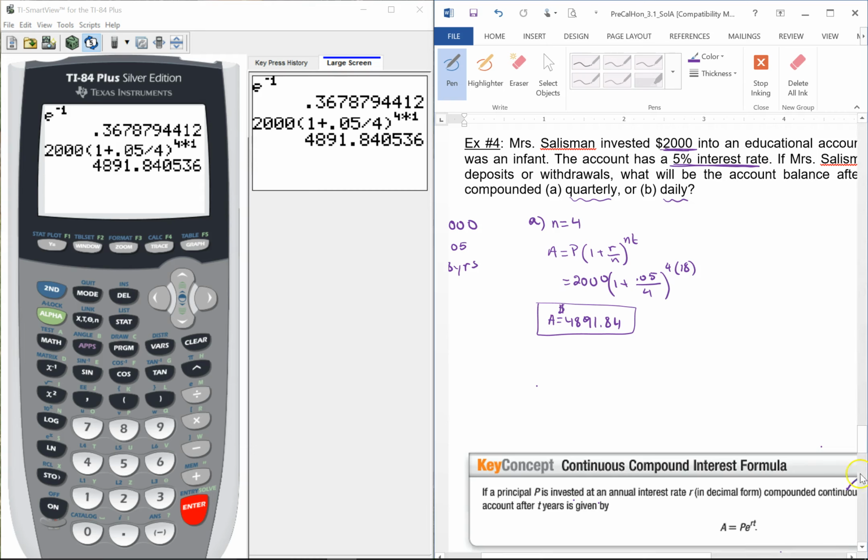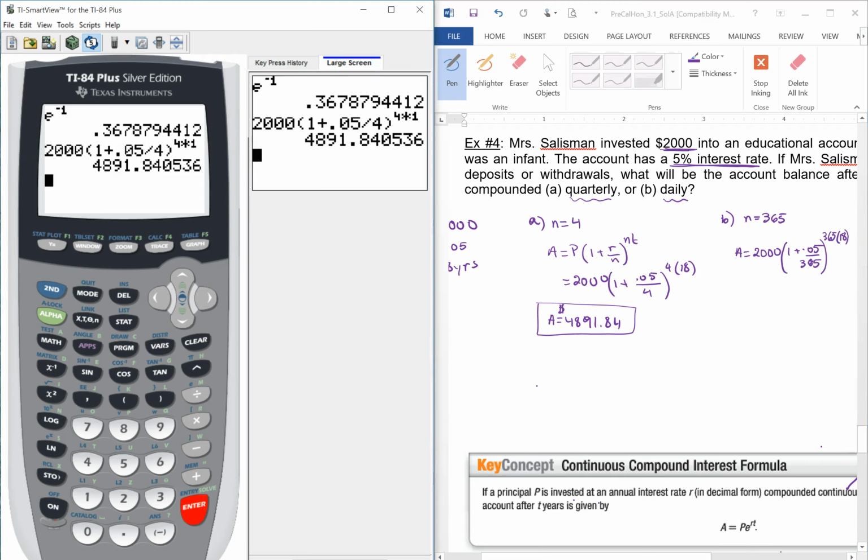Okay, so part B, N is now what? If it's daily, N is 365. So A is equal to 2,000 times 1 plus 0.05 over 365, to the power of 365 times 18. And when I go back to my calculator, I do second entry, and now I just go and edit.